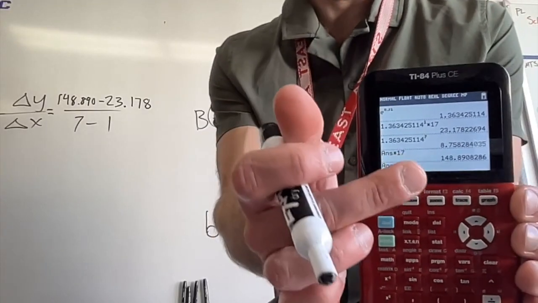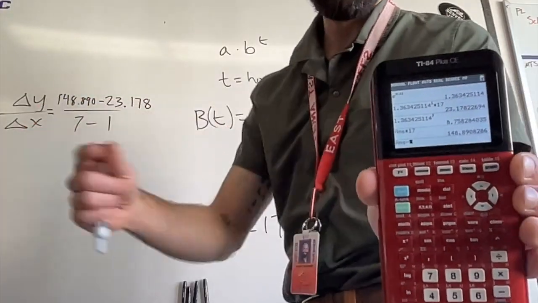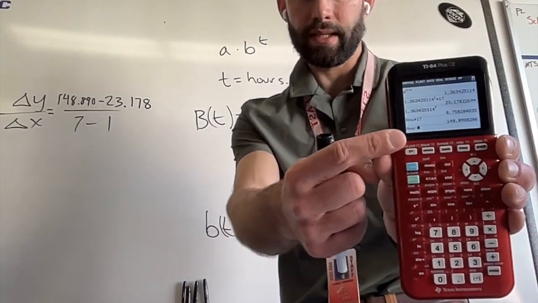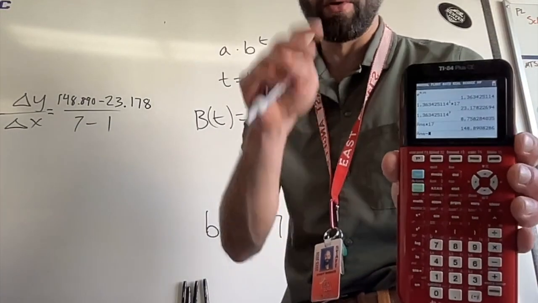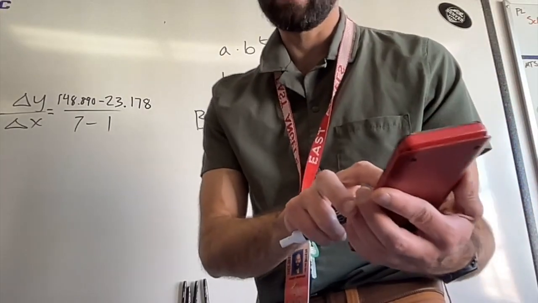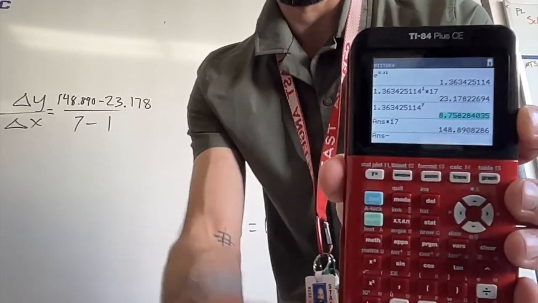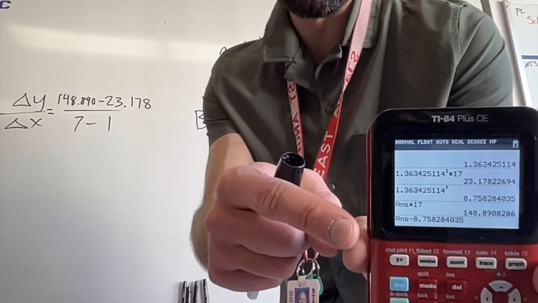Now, notice that I have that 148 right here, but I have the entire number without truncating. What I'm going to do with this is use that and then just press minus. It brings that answer down. And now I want the exact second value. So I went up to the 8, highlight it, press enter, and you'll notice it brings that number down.